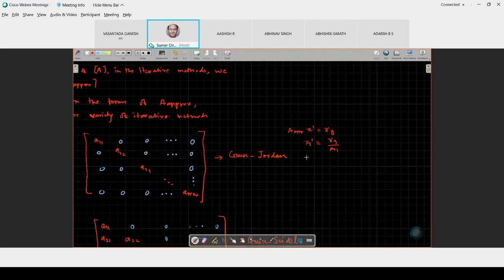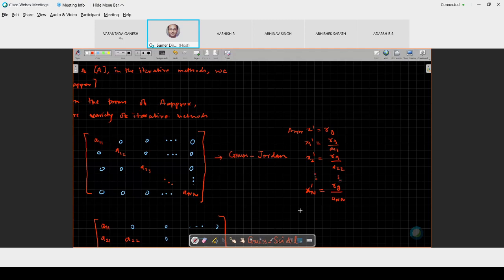Similarly x2 prime will be equal to rg divided by a22, and xn prime is equal to rg divided by ann.